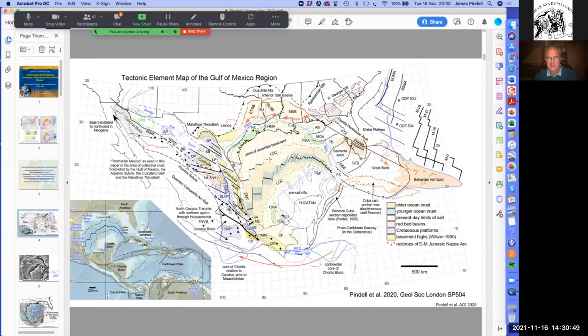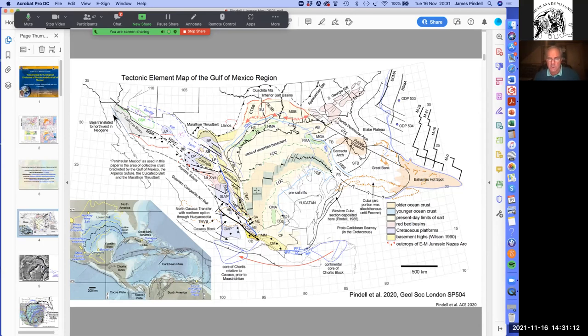And we believe now that this dashed line outlines the area of ocean crust very accurately. And along eastern Mexico, the ocean crust comes very close to the coastline. And in the Veracruz Basin, the oceanic crust goes beneath the onshore portion of the basin.